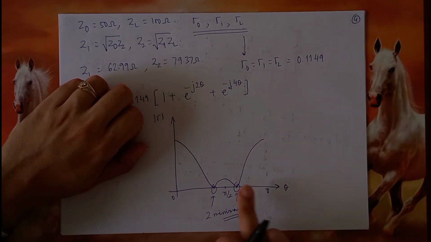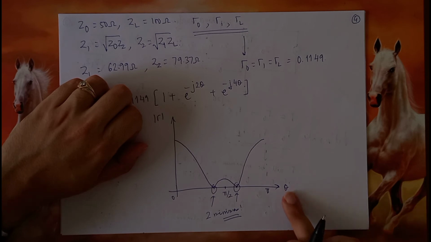Because as you can see, now the value of mod gamma is low for a larger range of theta or frequency. So only thing is, you can replace this theta by f by f0. Only these points will change, but the nature of the plot will not change.